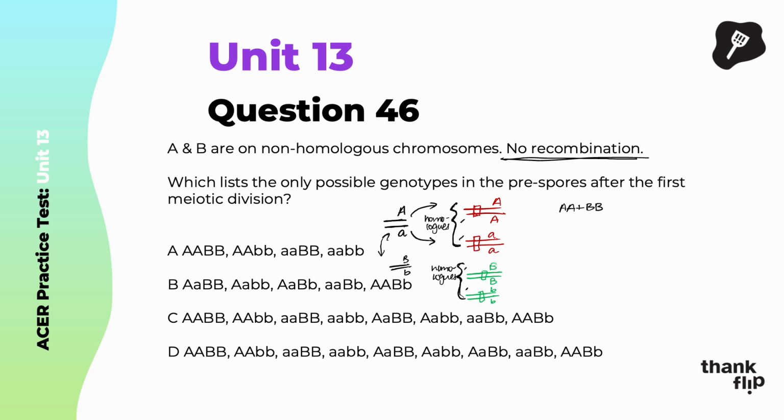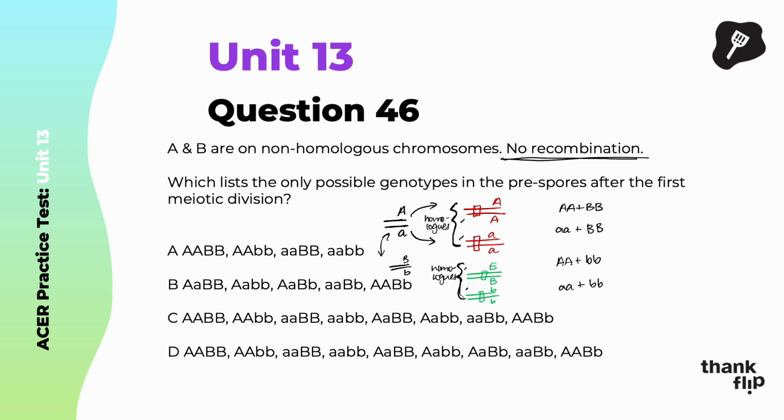Because that means you have one red and one green. You could have lowercase a plus capital B. You could have capital A plus lowercase b, and you can have lowercase a plus lowercase b.